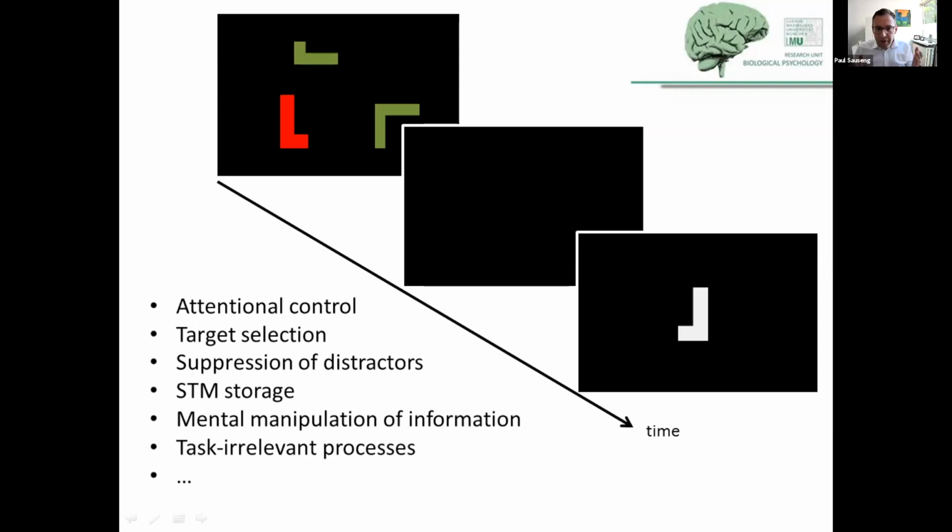However, what we have to do during this task is have attentional control, select a target, suppress some distractors, store this information in short-term memory, retrieve it, mentally manipulate this information, maybe also have some control over task event processes and so on. So there are really a lot of different things to do.